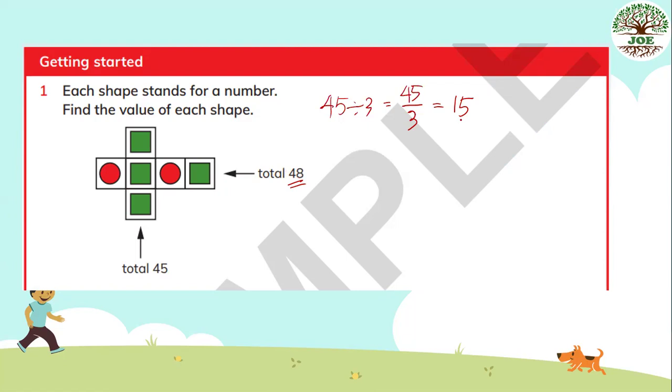We know each green is 15, so two greens is 15 plus 15, which is 30. From 48, we remove two greens, 30. Subtract 48 minus 30 is 18. This is for two reds. So for each red, we divide 18 by 2, which is 9. So each red is 9 and each green is 15.